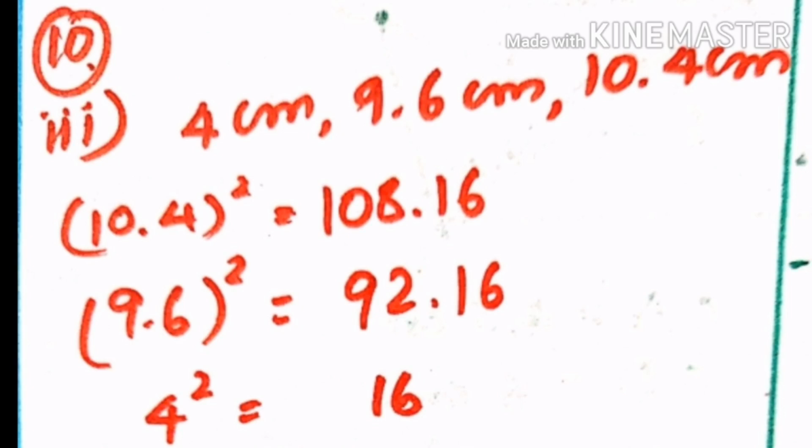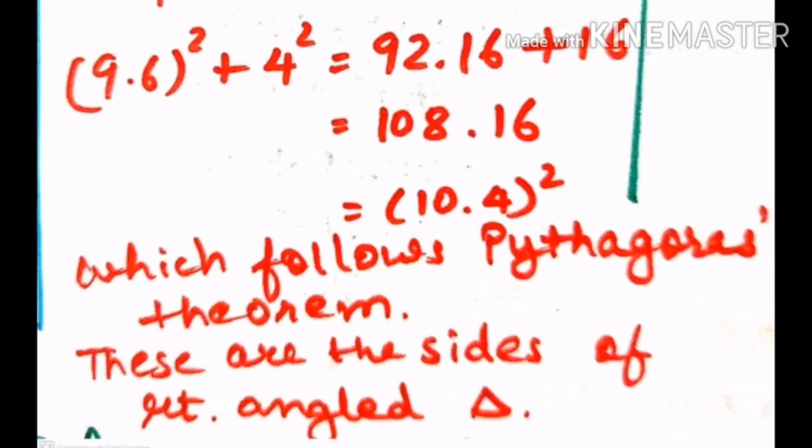Now I take the square of them first of all: 10.4 square is 108.16, 9.6 square is 92.16, and 4 square is 16. Now student, using Pythagoras theorem we will verify this. Which is the longest side here? That is 10.4, whose square should be equal to the sum of squares of the other two sides. 10.4 is our hypotenuse here, and the other two sides make the right angle.